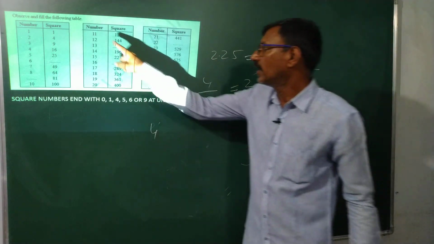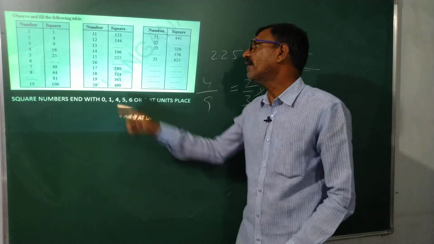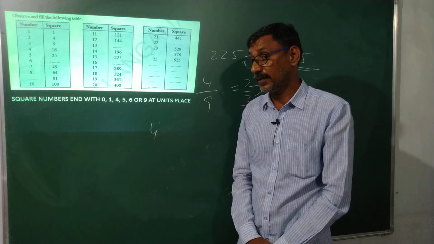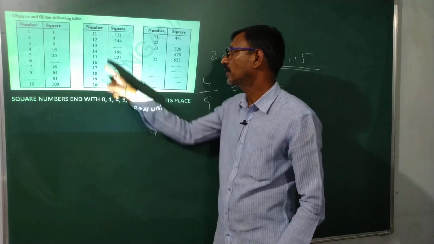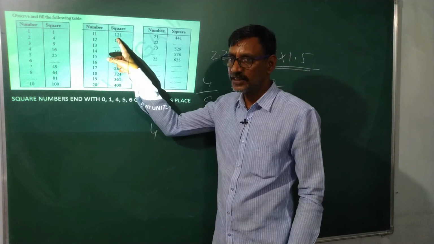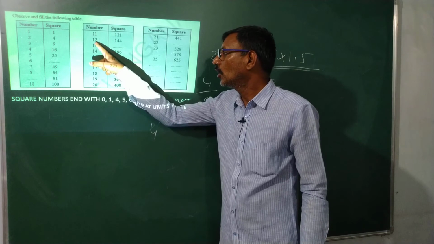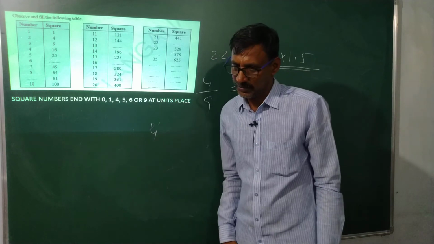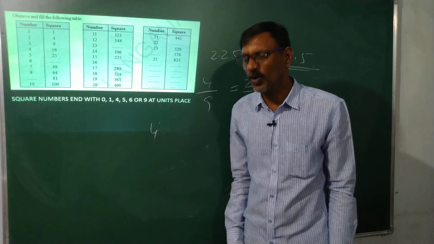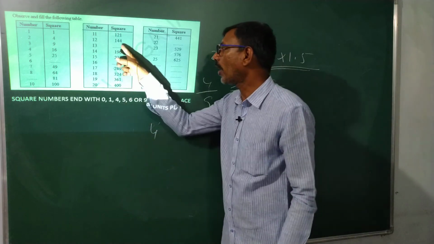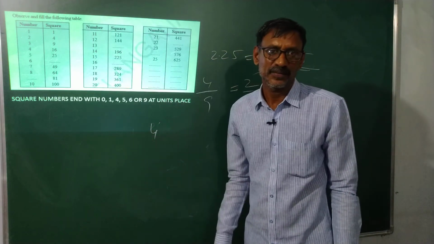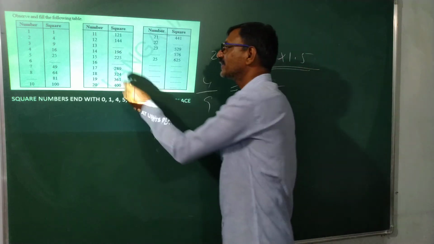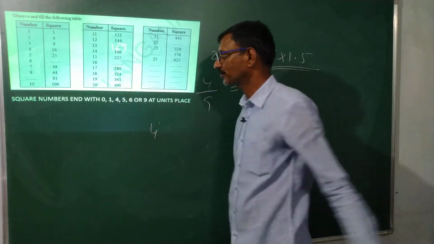See here. Suppose you take 11. 11 square is 121. This is my square number. 12 square is 144. 13 square is 169.